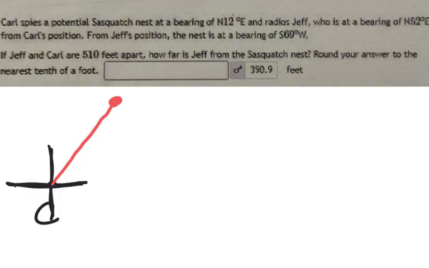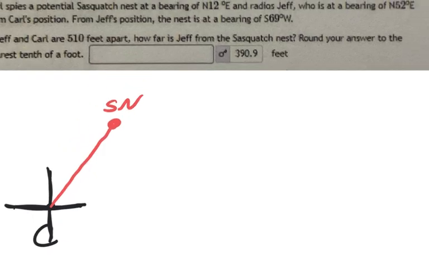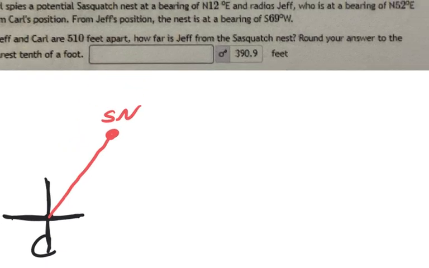He spies the Sasquatch nest. Everybody okay? What do I know? 12 degrees east of north. That means that this angle is 12. Can y'all see that color? Let's change it. Okay.